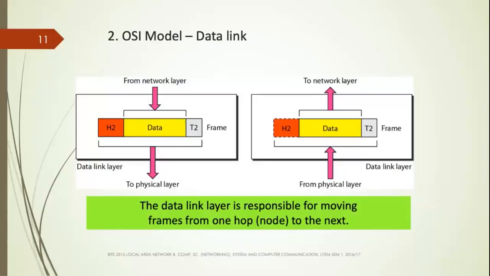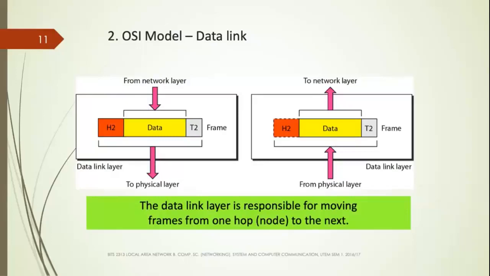So this is another example from the data link layer. From the network layer, we have this data. In the physical layer, it will add some header and some trailer. To the network layer, it will release the header and also the trailer. H2 stands for header, T2 stands for trailer.